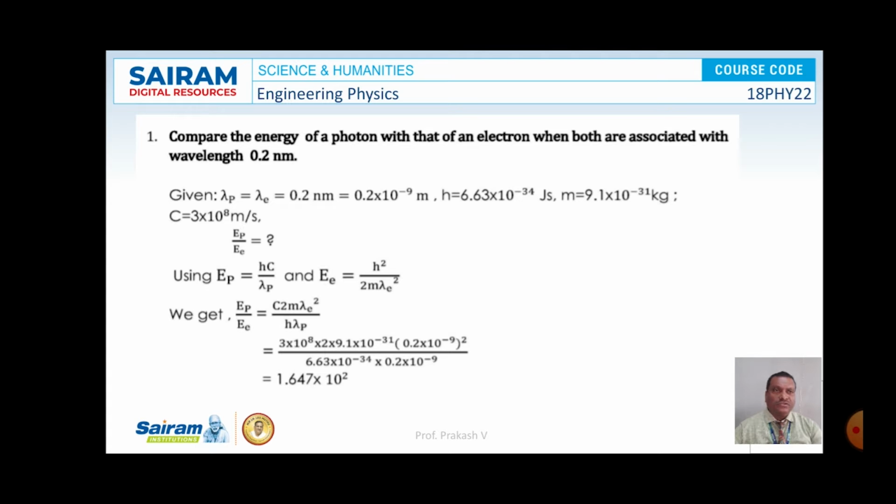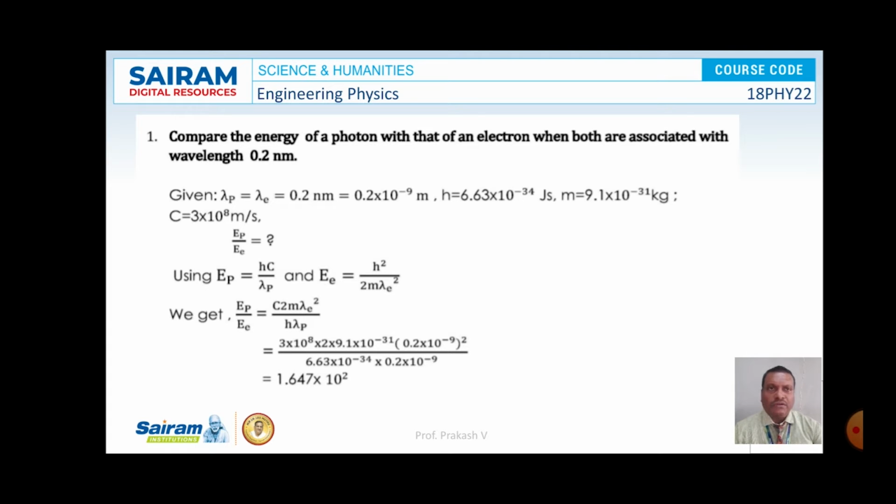And Planck's constant h is 6.63 into 10 to the power of minus 34 joule second, that is given. And the mass of the electron is also given, that is 9.1 into 10 to the power of minus 31 kg. And the velocity of light is 3 into 10 to the power of 8 meter per second.